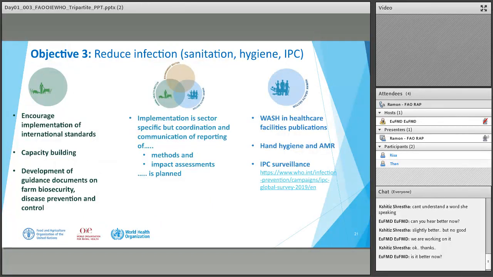So we move on now to objective 3, reducing infection. This traditionally really has been very much focused under human health, and particularly through WASH, water, sanitation and hygiene, in healthcare facilities. So lots of publications being produced on that area, hand hygiene and AMR, and on infection prevention, control and surveillance.